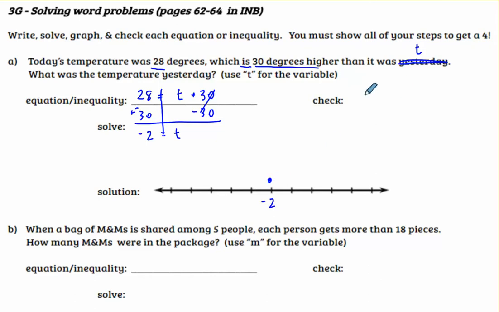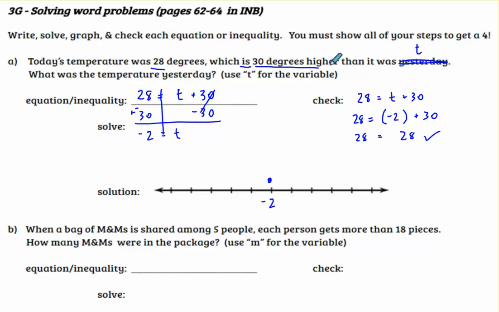Now we do our check. So that means we rewrite our original problem and we just make sure that the math is right. Now I will say that if you wrote your equation incorrectly, you're not going to catch your mistake. So that's why I put in the I and B notes to always ask yourself, does it make sense? All right.